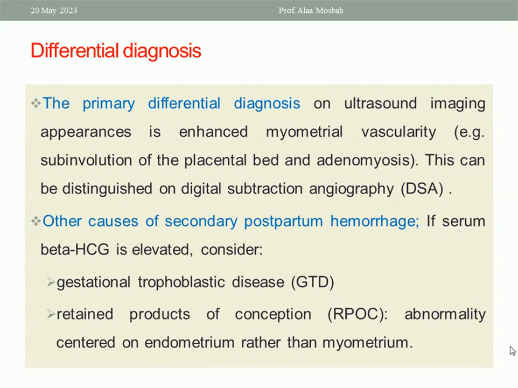Okay, so ask for beta HCG if you are suspecting gestational trophoblastic disease or retained product of conception, which can be diagnosed by imaging like MRI and also by beta HCG to differentiate it from uterine arteriovenous malformation.